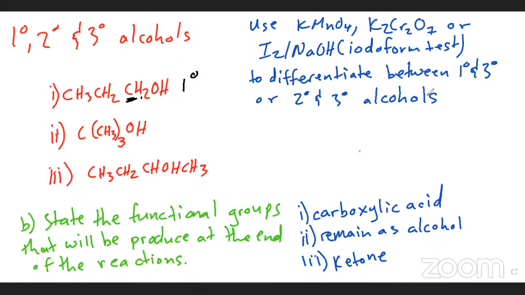Wait, you wouldn't use iodoform for secondary and tertiary though? Because remember, secondary and tertiary can do the iodoform test. So if you want to differentiate between primary and tertiary, you can use potassium permanganate or potassium dichromate. So all of these three can differentiate between primary and tertiary.